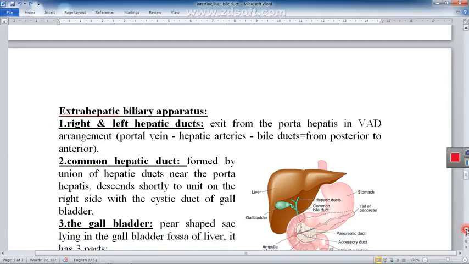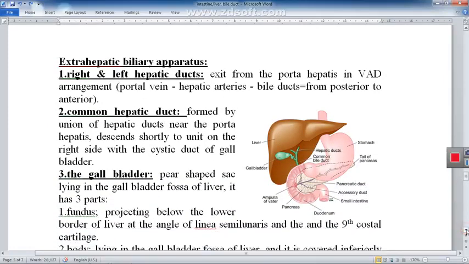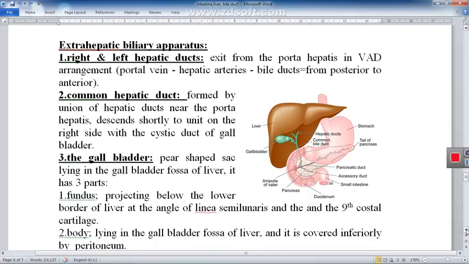The last topic is the extrahepatic biliary apparatus. The extrahepatic biliary apparatus is formed of the following parts, starting from the porta hepatis, which is the hilum of the liver. It is formed of left and right hepatic ducts at the porta hepatis that are arranged in VAD arrangement, the vein posteriorly, the hepatic artery in the middle, and the bile duct is anterior.